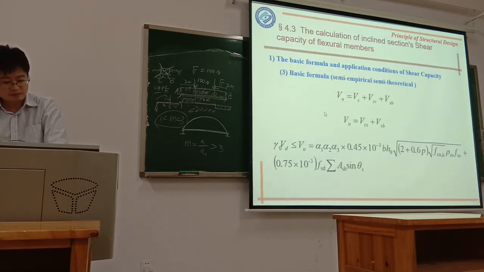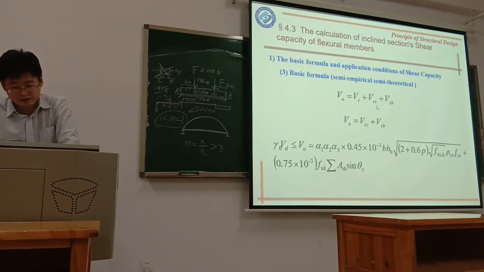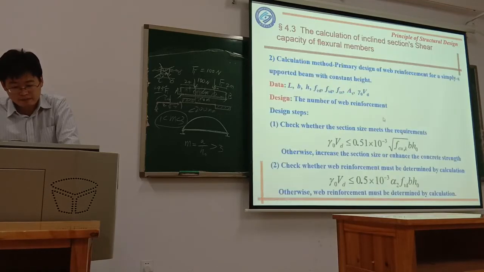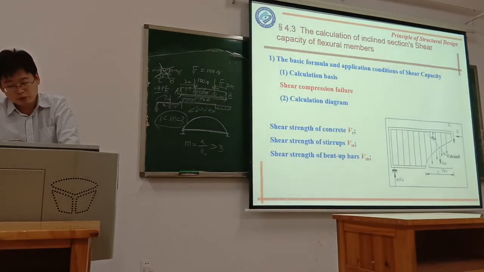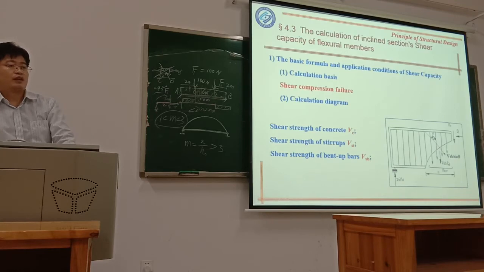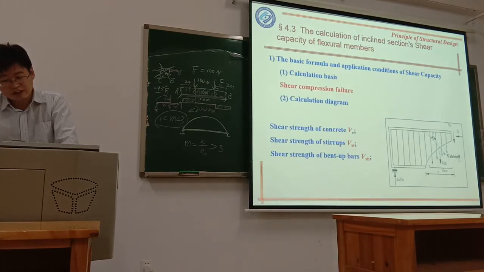Finally, we can put VC and VSV together as VCS. Because this is in the vertical direction, but the VSB is in the oblique direction, you need to decompose it, using the same theta.